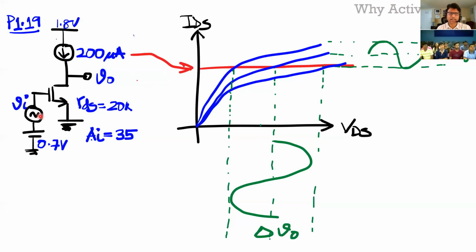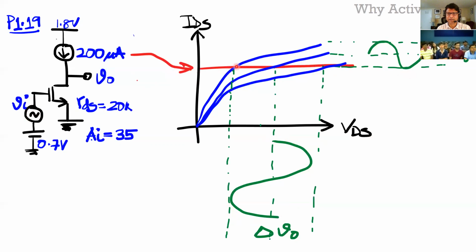If you have a certain delta Vi, which is VGS, it's basically switching between these curves here, right? Three curves here, and my current is always constant. So as I'm switching through these curves, my operating point is moving along this line over here. If I give a small sinusoid input over here, then I get a large sinusoid output over here, right?